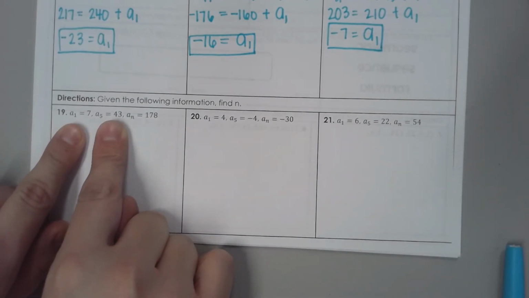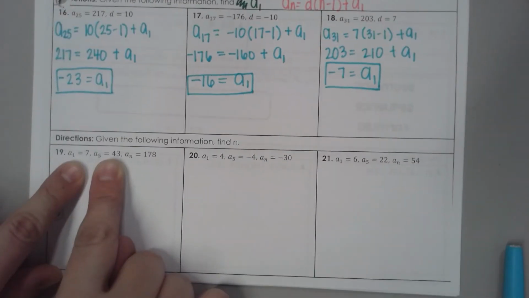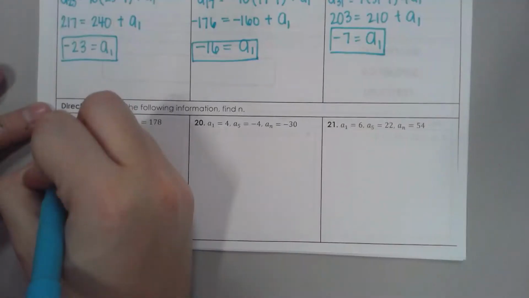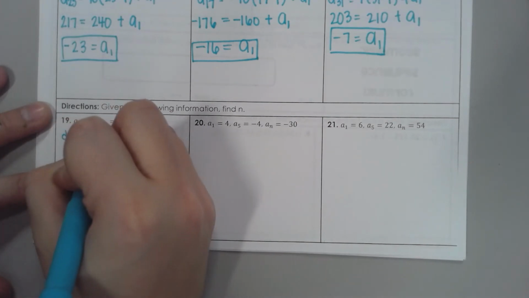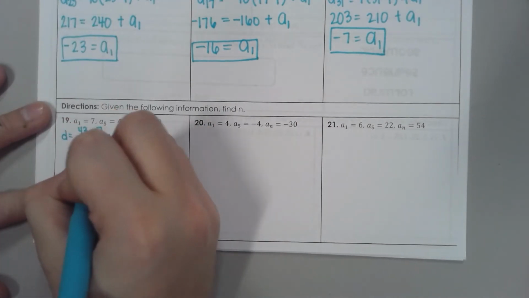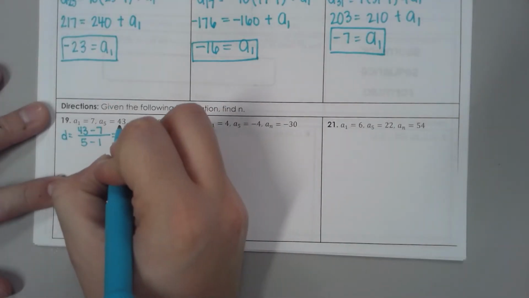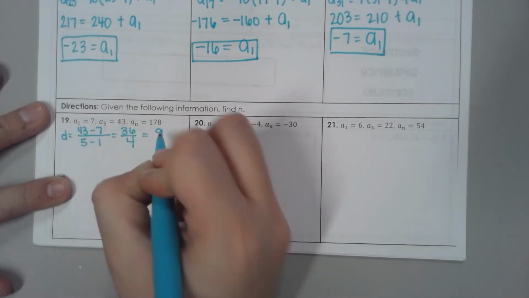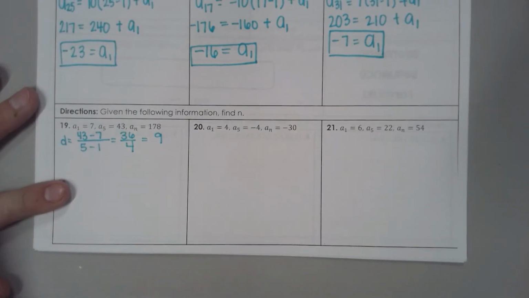Just like we did in 10 through 15. We found the common difference. So I can do 43 minus 7 over 5 minus 1. And I get 9 for my common difference.